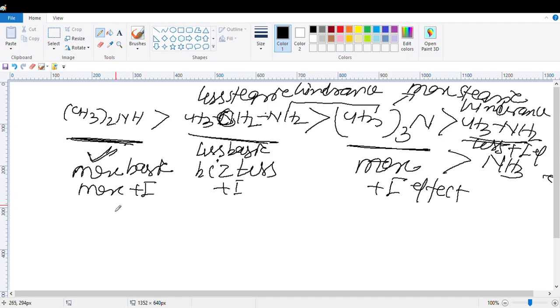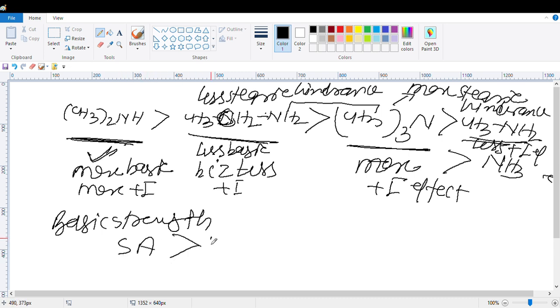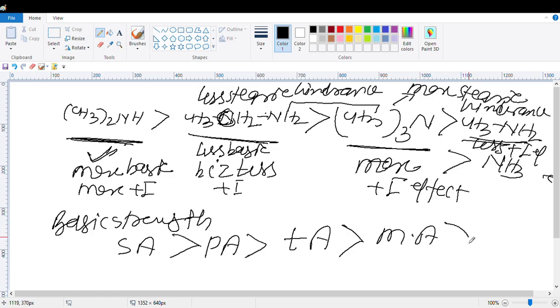So in this way, in methyl derivatives, we again write basic strength order: SA for secondary amine, PA for primary amine, TA for tertiary amine, MA for methylamine, and NH3 for ammonia.